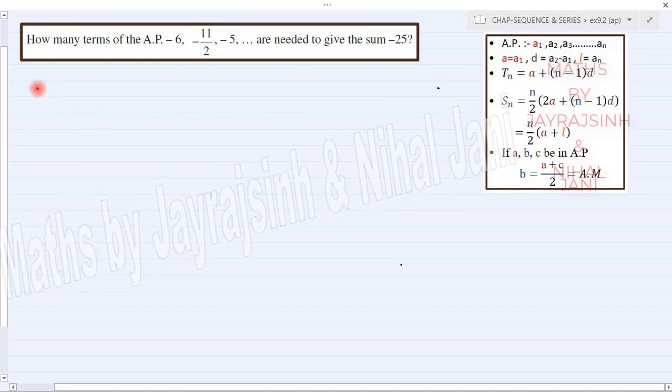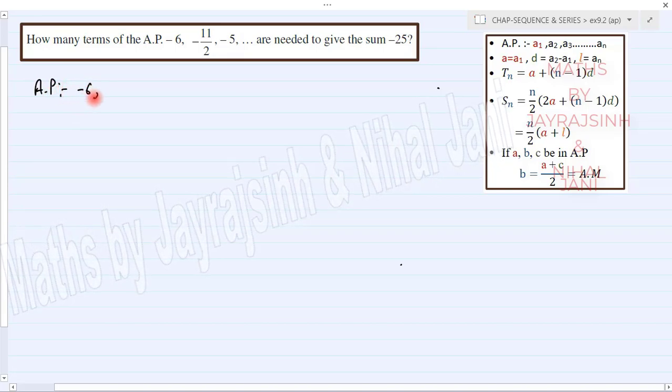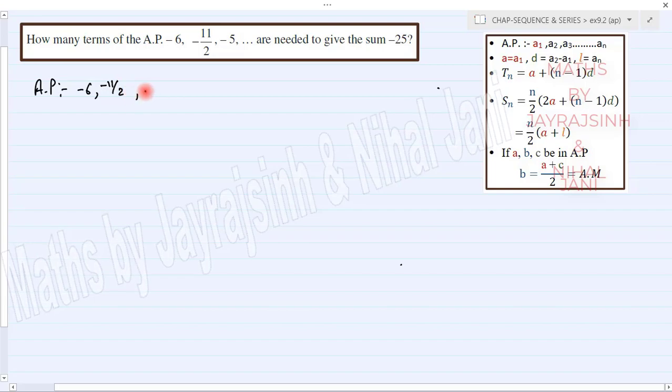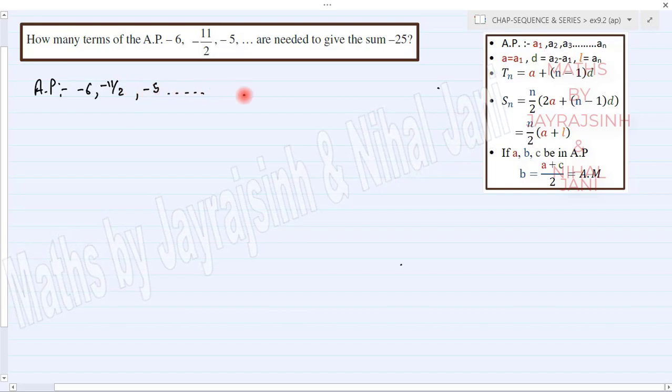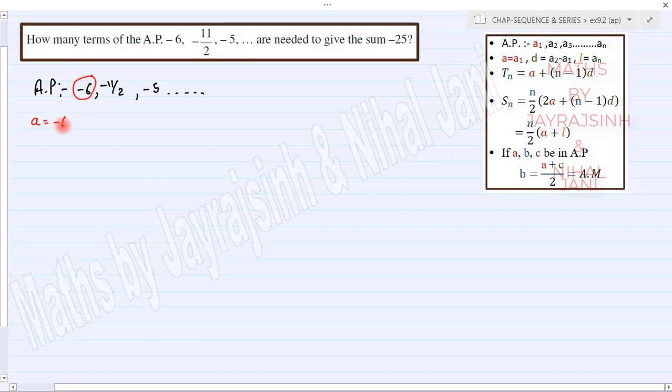In this question, we have one AP having terms as minus 6, minus 11 by 2, minus 5, and so on. Now, first collect the fundamental terms like first term, which is minus 6.